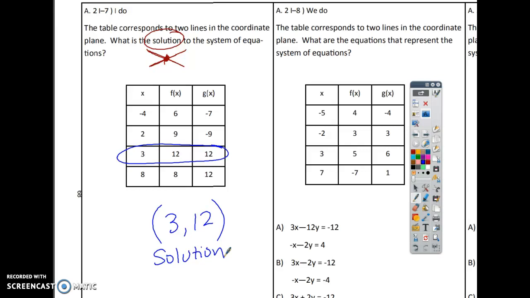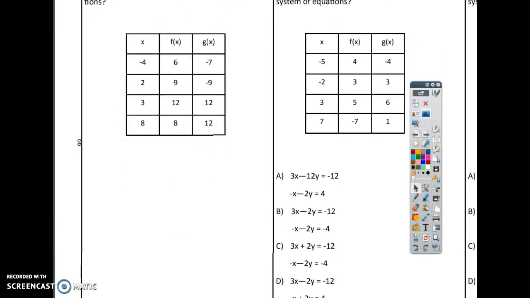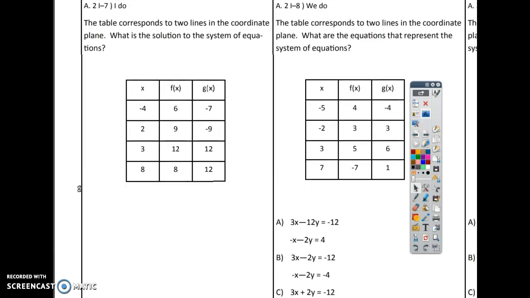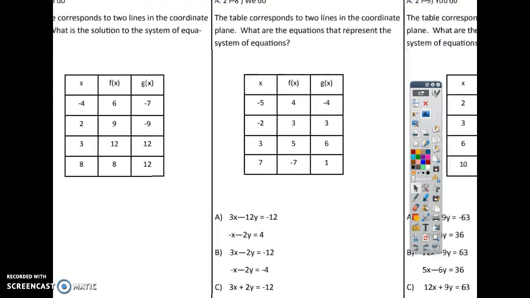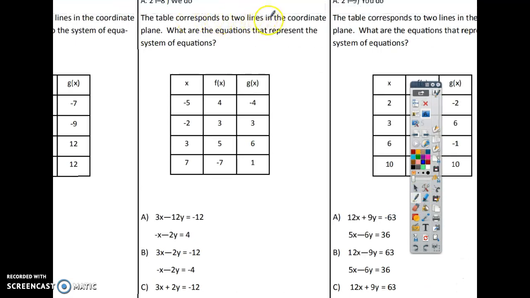But here's the difference. For problem number 8, it says that the table corresponds to two lines in the coordinate plane. What are the equations that represent the system of equations?